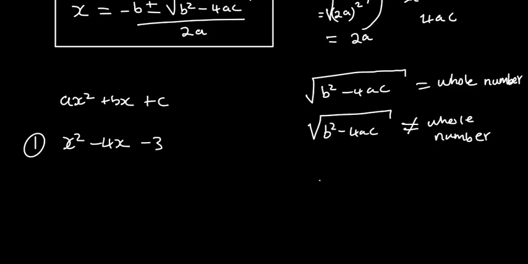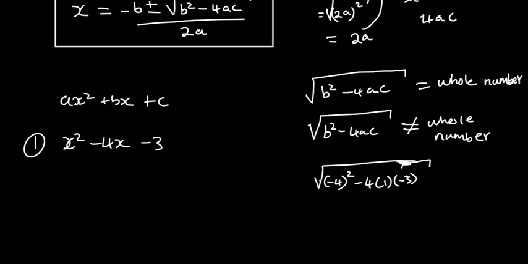The coefficient of x squared is 1, b is minus 4, so b squared is minus 4 squared, minus 4, and then a is 1 and c is minus 3. Okay, so let me do it according to that. 1, minus 3.